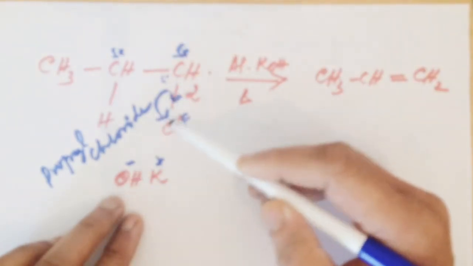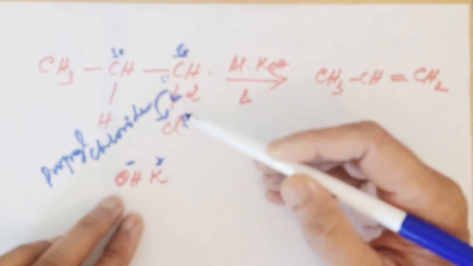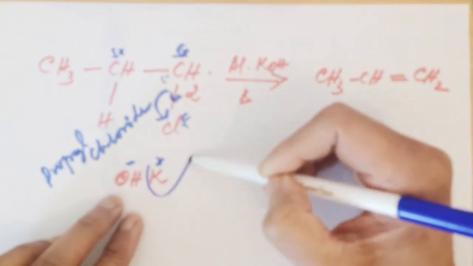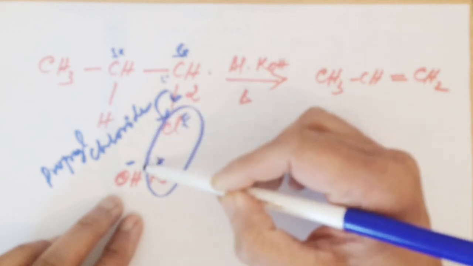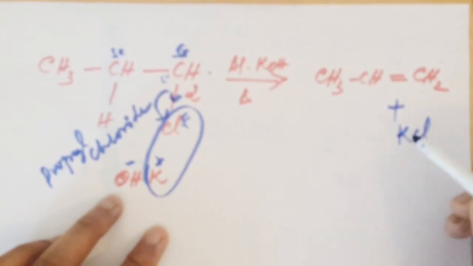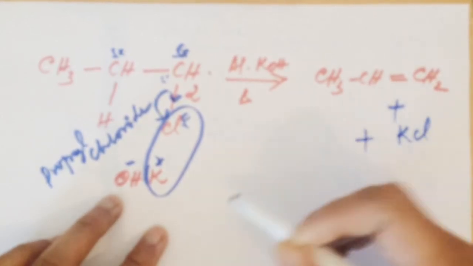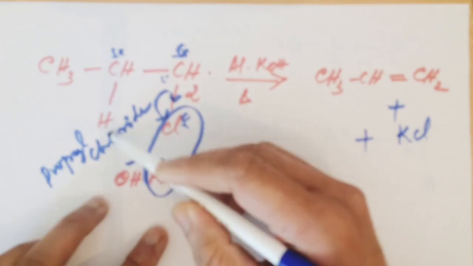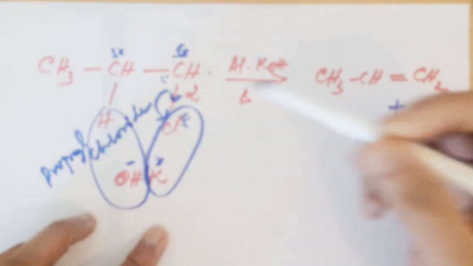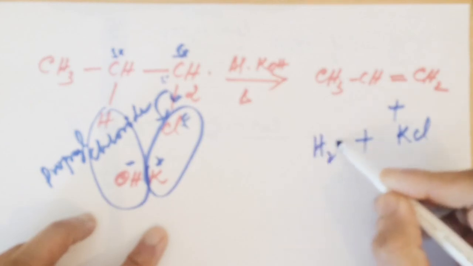Due to the electronegativity of the chlorine atom, this potassium K positive combines with the chlorine and results in the formation of potassium chloride, plus the OH combines with the hydrogen atom and forms H2O.